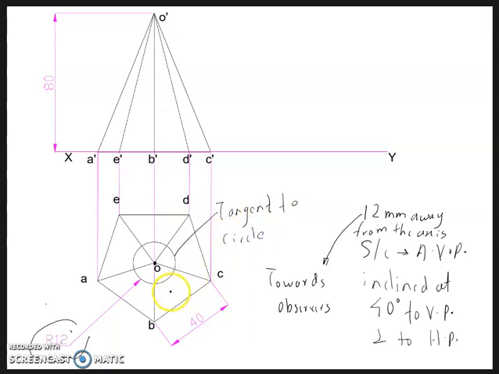Alright. So to do that, make your drafter or your roller scale inclined at 40 degrees and move the drafter or the roller scale towards the circle inclined at 40 degrees such that it becomes tangent to the circle.